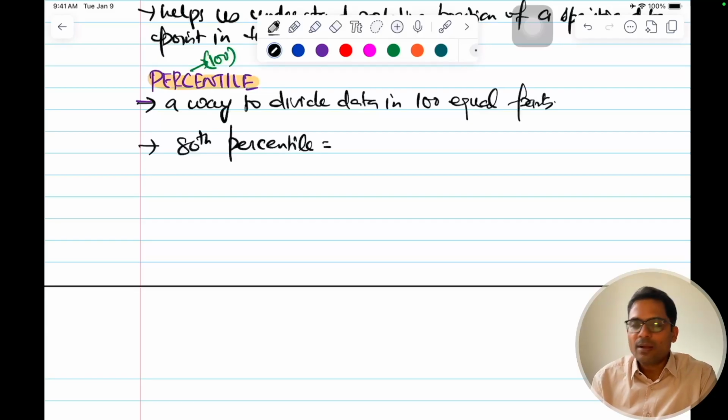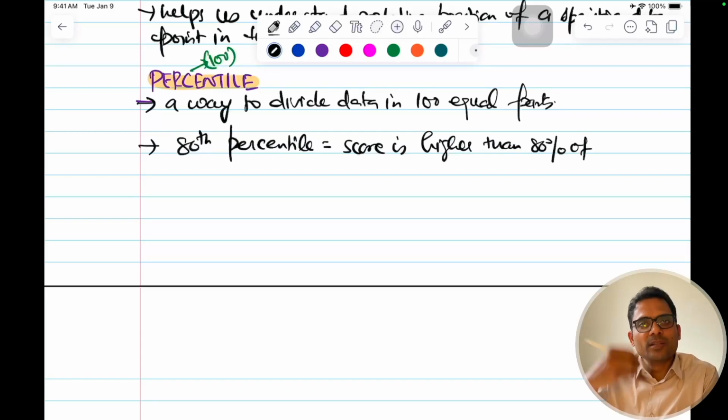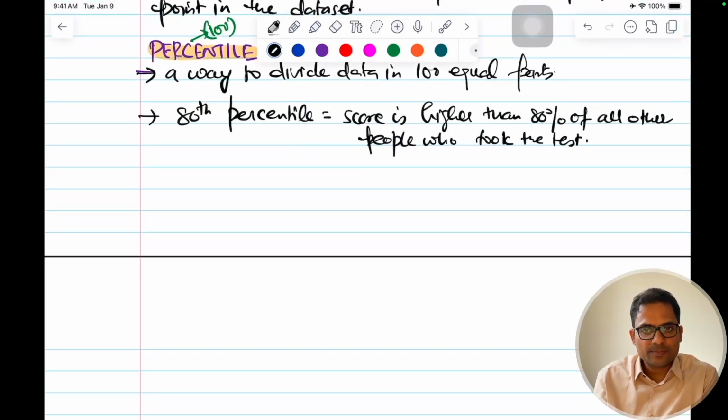Or in other words, my score is higher than at least 80% of all other people who took the same test. That's what 80th percentile means.